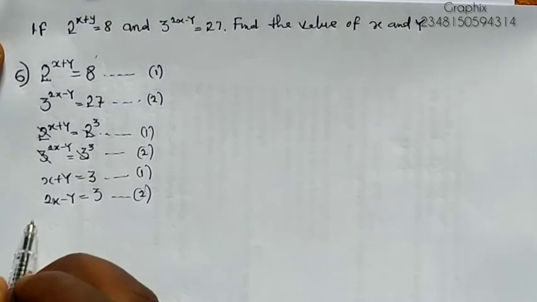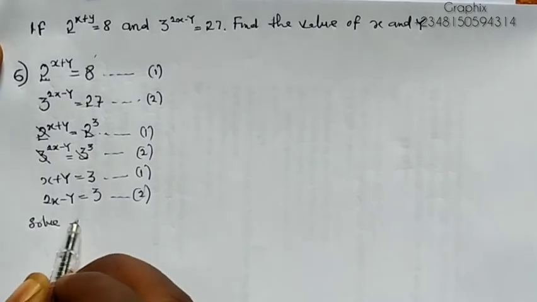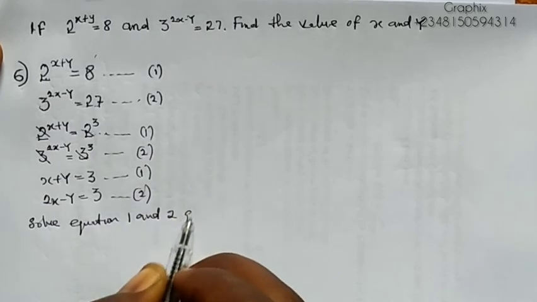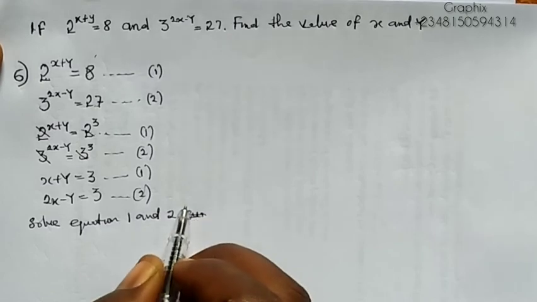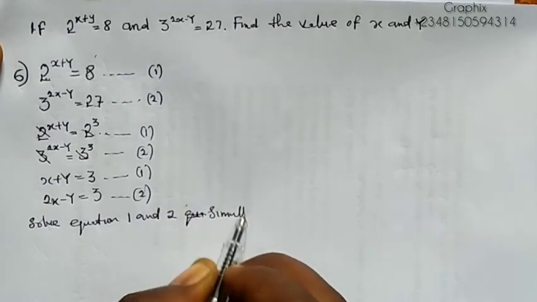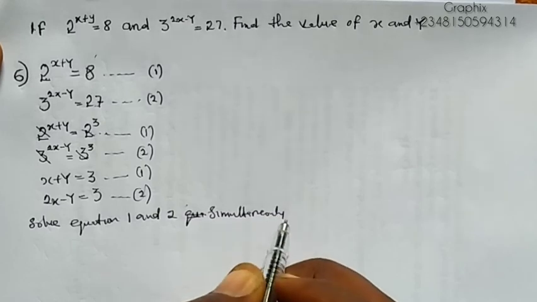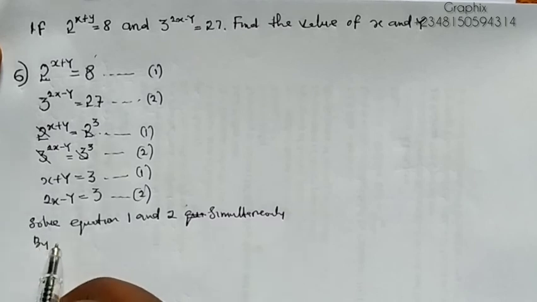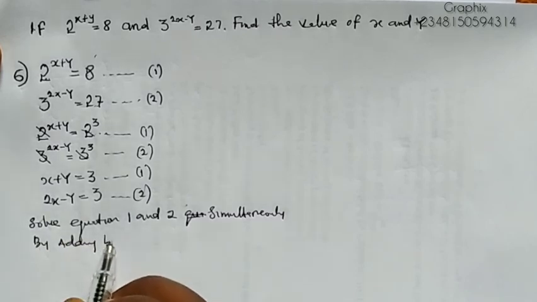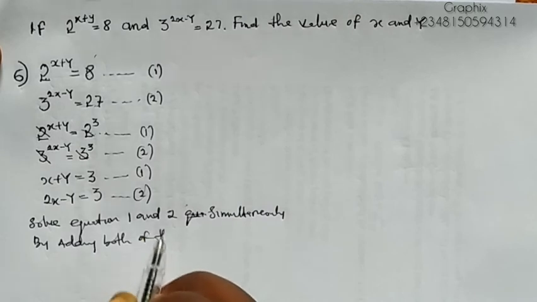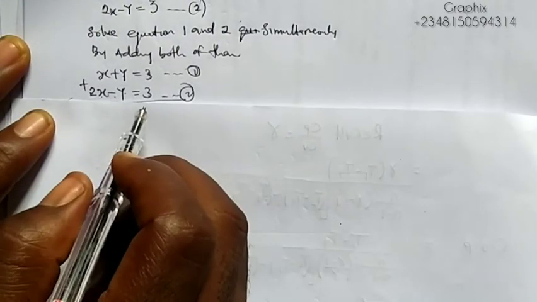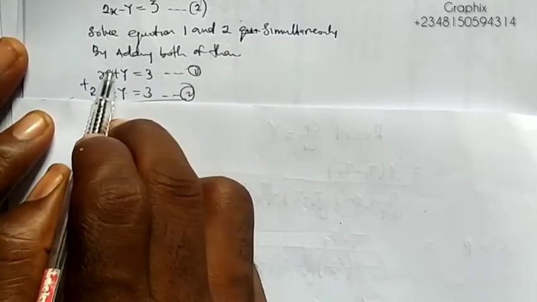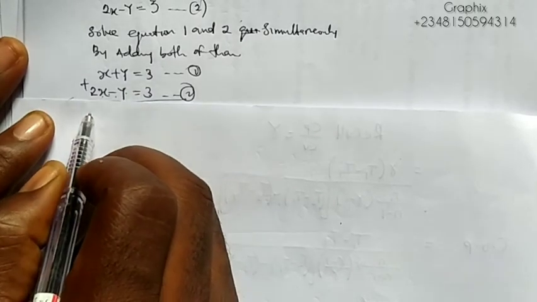So this is still my equation 2. Now you solve equation 1 and 2 simultaneously. If you look at it very well, by adding both of them, x plus 2x will give you 3x.